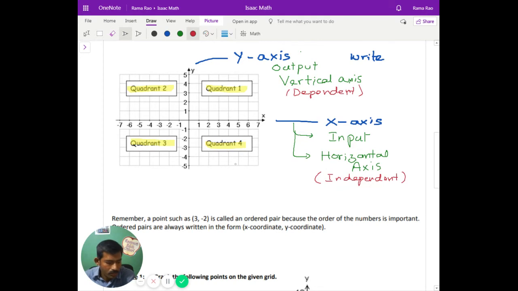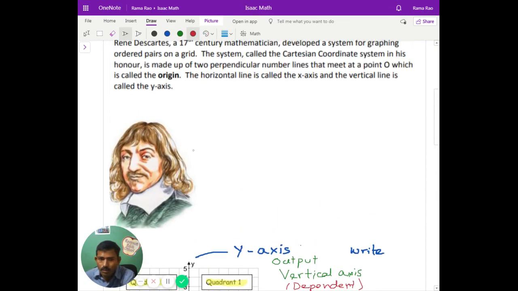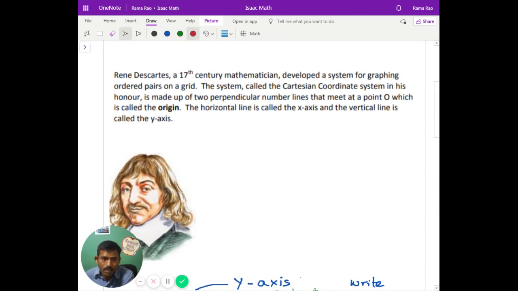Now, when you look at this, input, x-axis, horizontal axis, this is all about the coordinate plane. This is the man who invented it: René Descartes, in the 17th century. He was a mathematician who developed a system of graphing ordered pairs on a grid.